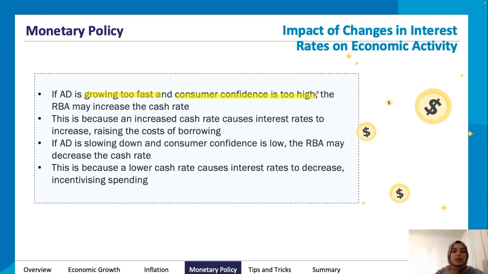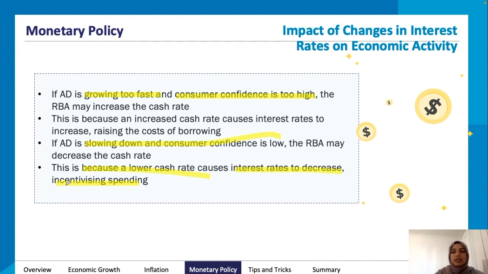If AD is slowing down and consumer confidence is low, the RBA may decrease the cash rate. Okay, so that's another important thing to note. The idea of the opposites aligning, right? So they want to try and either increase or decrease according to what the situation is, and that will either incentivize or discourage spending. So this is because a lower cash rate causes interest rates to decrease normally, hopefully, if the banks pass it on, and that will incentivize spending, and it will actually encourage everybody, like consumers, to go out and to spend.